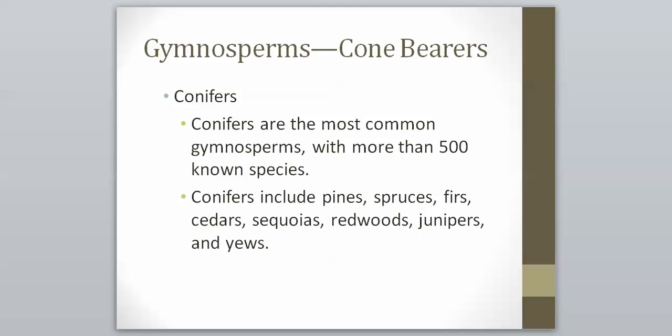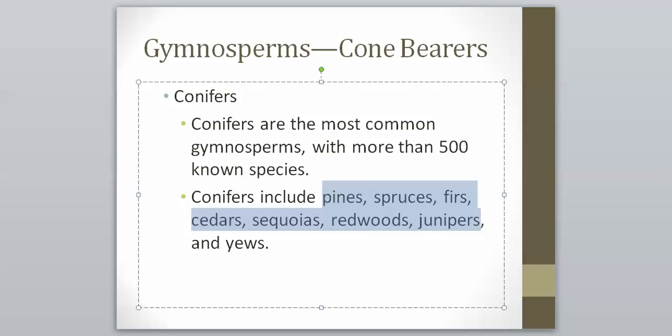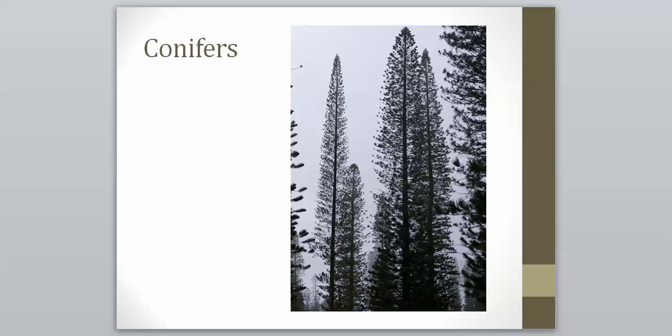Whenever we go down at Christmas time, you're cutting down a conifer tree, most likely one of these: pine, spruce, or fir, and maybe even cedar. Those are the most common, I would believe, in terms of a Christmas tree. So these are our evergreens. This is a picture of what one looks like growing. This is obviously a very tall one, but we all know what the evergreen trees look like.